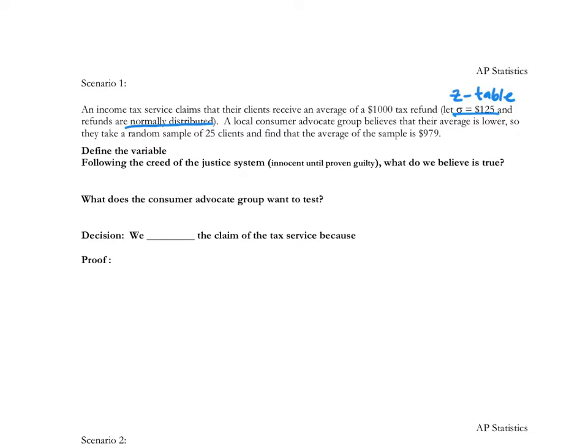Okay, so I'm going to say my variable is this mu, the average, and we're interested in the true average tax refund. Is it truly 1,000 like the company says, or is it lower like the advocate group believes? Okay.